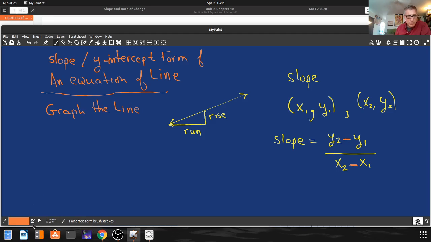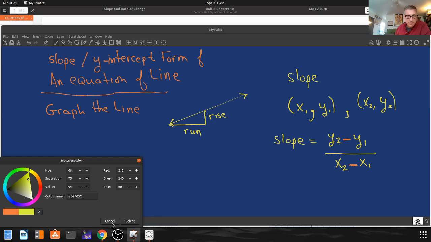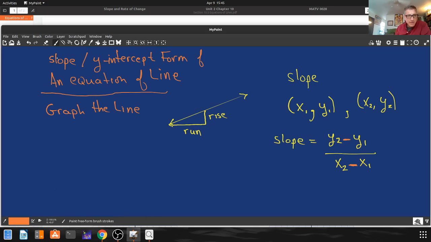But let's remind you of some other important things. First, that when I'm given a line, so here's a generic line, and I thought I'd change color, a point on that line or another point on that line is given by a specific value of x, which I'll call x1, and a specific value of y, y1. For example, 3 and minus 1.